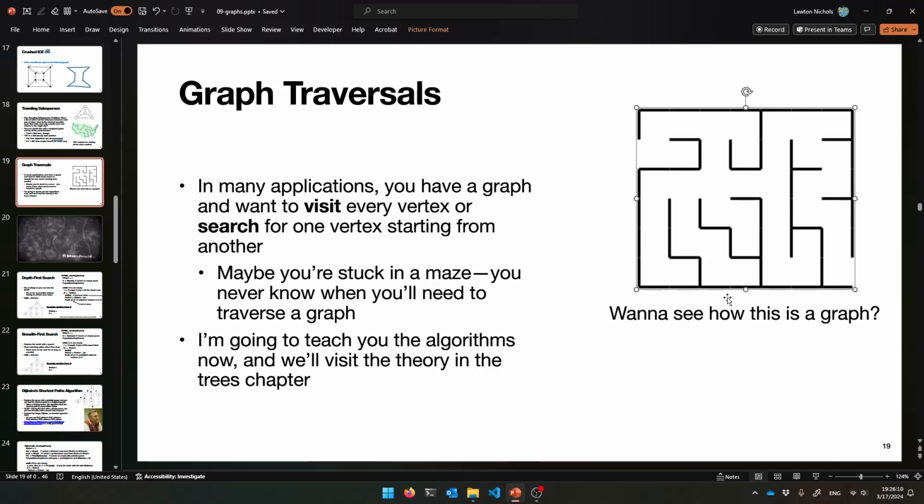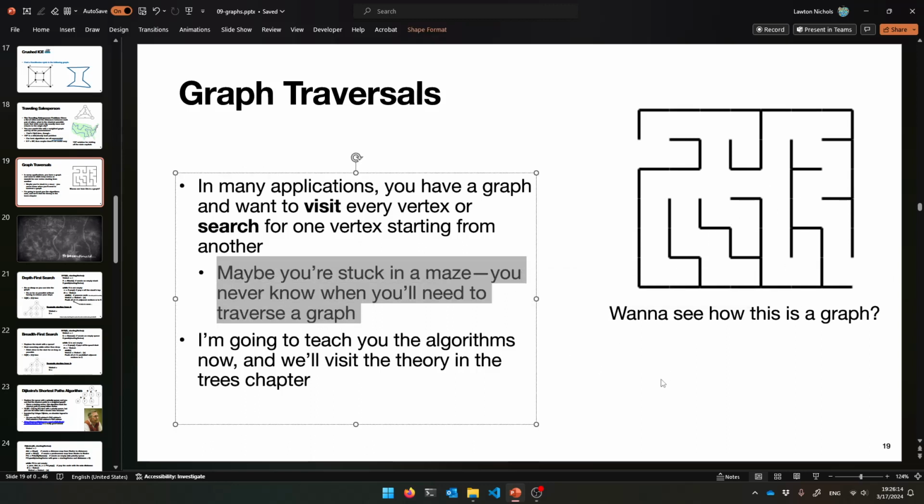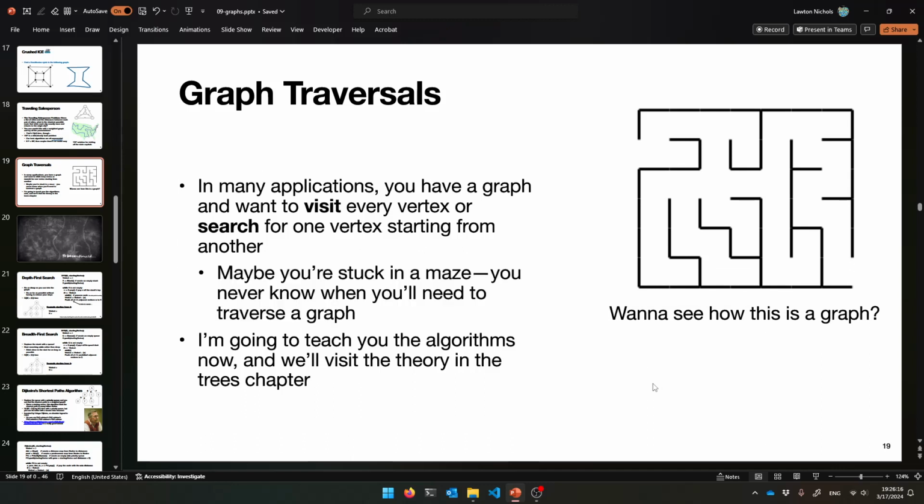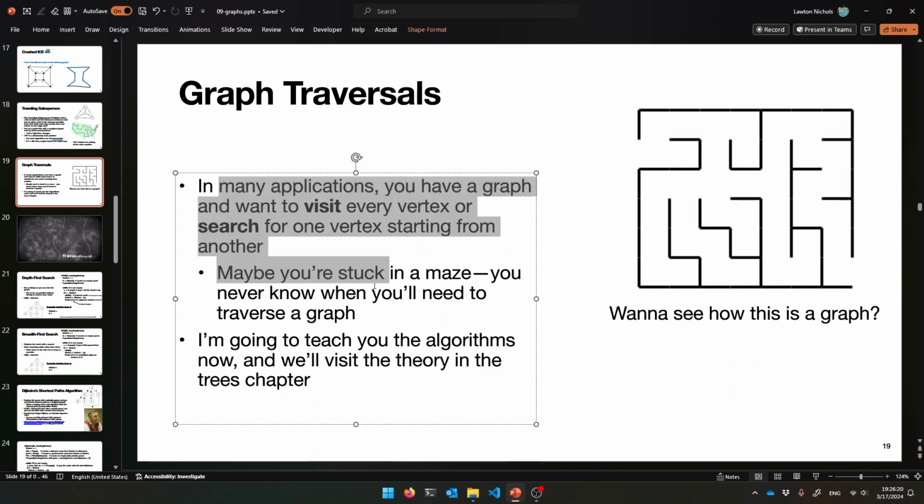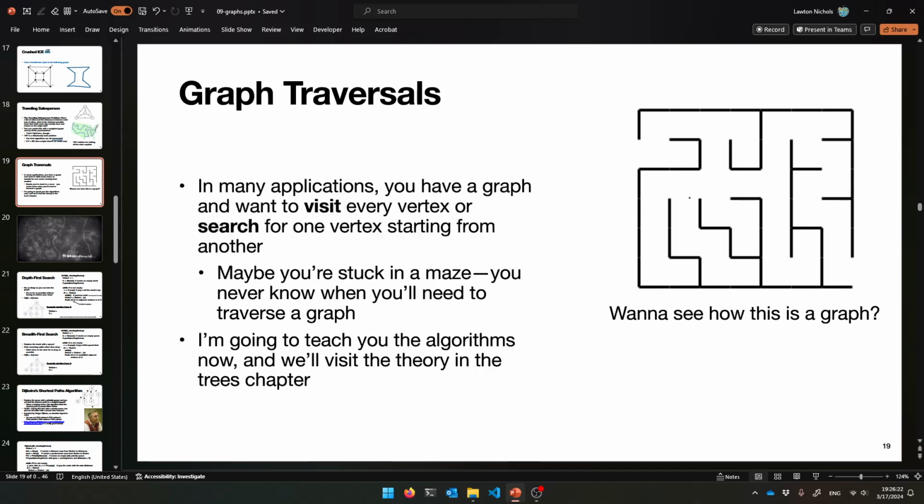For example, you might want to solve a maze. Maybe you're stuck in a maze, and there's a way to model a maze as a graph, and then you can use one of these algorithms that we're talking about here to solve for it. So if this is your starting point and this is your ending point, you want to see how this is a graph? Watch. Starting point, ending point, make those nodes.